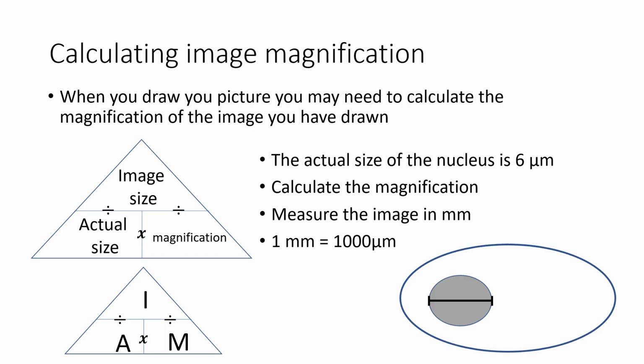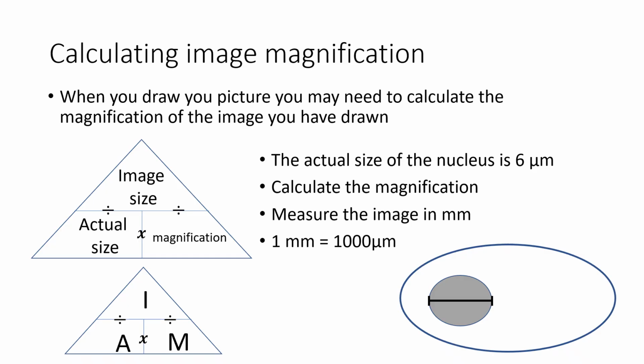If you see something like that, they will normally ask you to get a ruler and measure that distance. Of course, the issue being that your ruler will measure in millimeters. So you have to get whatever number of millimeters the drawing is, and convert it into µm. If you've forgotten how to do that, go back to the earlier part of the video.